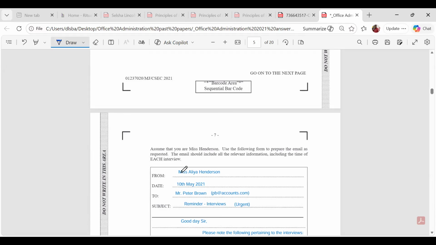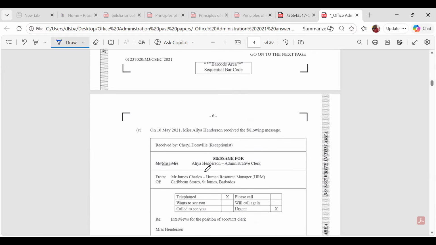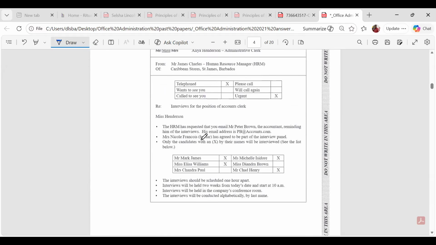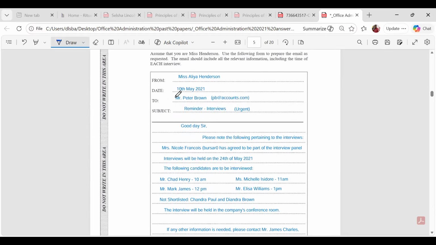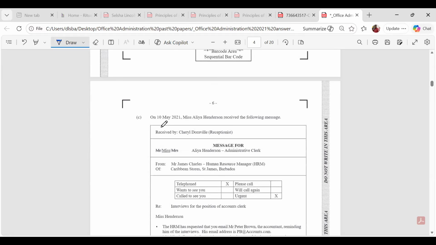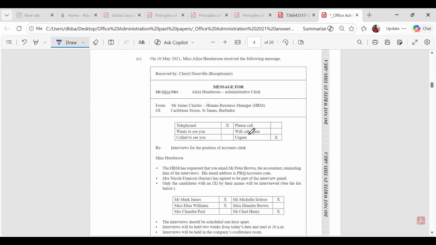So the from is you. For the name, because you didn't put your email address, the to is Mr. Peter Brown, and I'll put the email address there. You send the email immediately, same day, the 10th, because it's urgent.